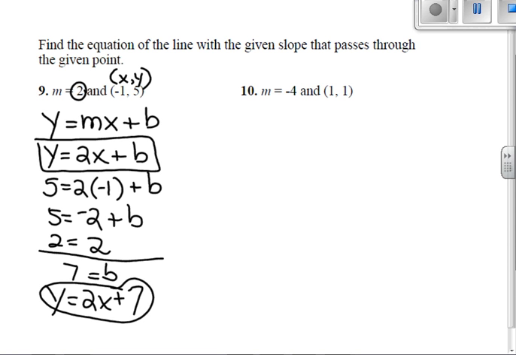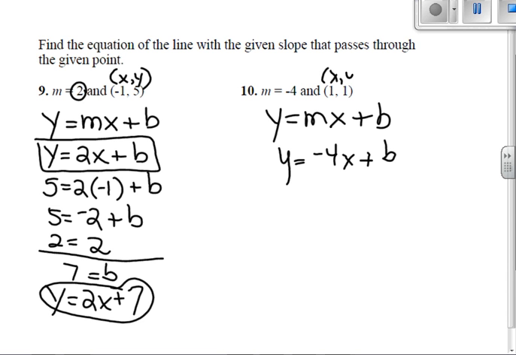Let's try the next one. I'd rather do point slope, but anyway. y equals mx plus b. Okay, Corey? So I'm going to put in a negative 4 for x plus b. Is that okay, Keaton? Now what am I, oh, I can't do this one wrong. Impossible. What goes in for y?